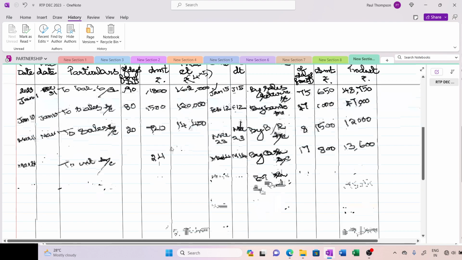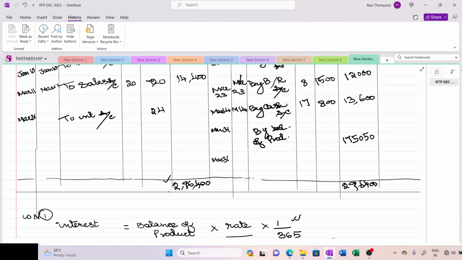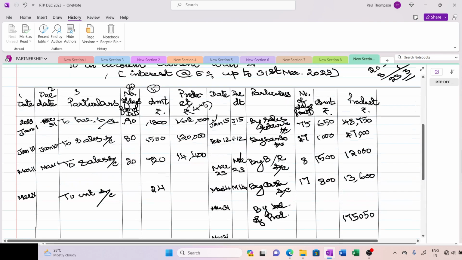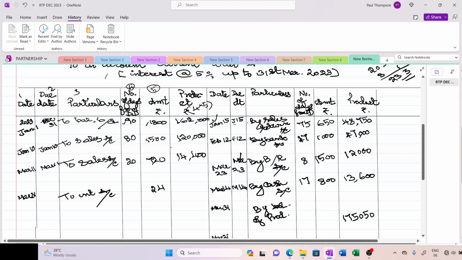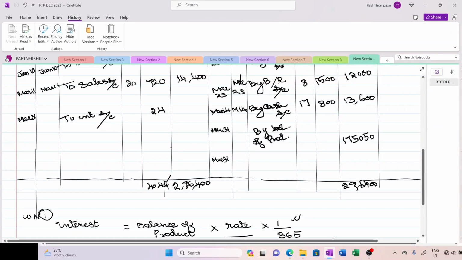So the amount receivable from B is 4044. What is the amount payable? Payable to B is 650 plus 1000 plus 1500 plus 800 minus this one, 4044.